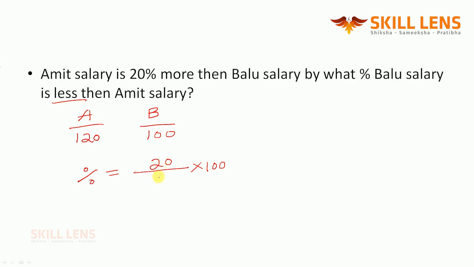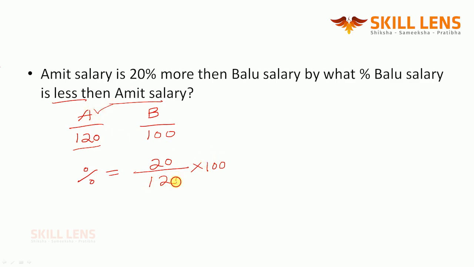And the point is this, friends. What should come in the denominator? The denominator is going to be to whom we are comparing. We are comparing with Amit. What is Amit's salary? According to our assumption, 120.